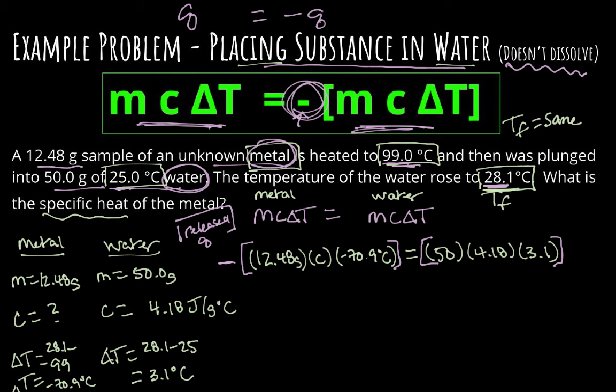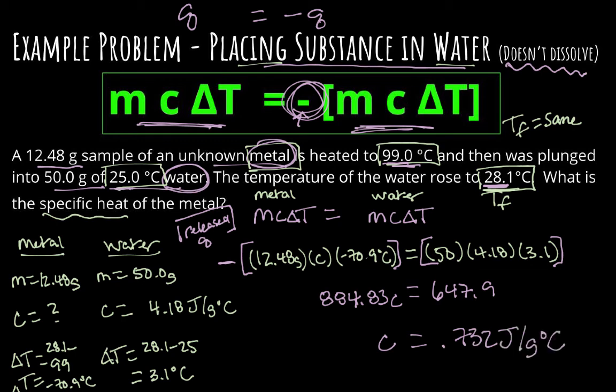All right, so now we're going to do our math here. So this becomes 647.9. So this side ends up being 884.83 C. So then we're going to solve for C. So C ends up being 0.732, and it's still going to be joules per gram degrees Celsius.